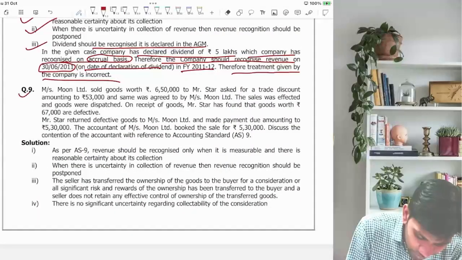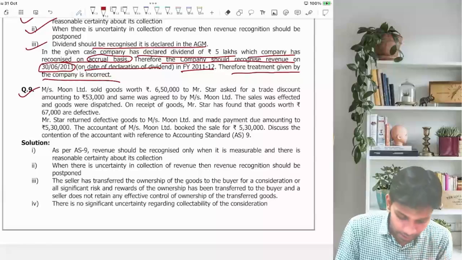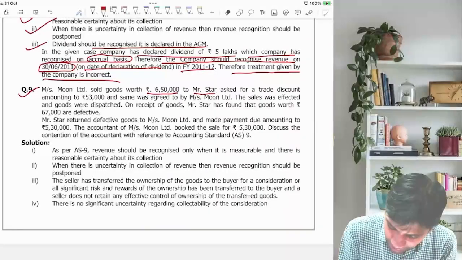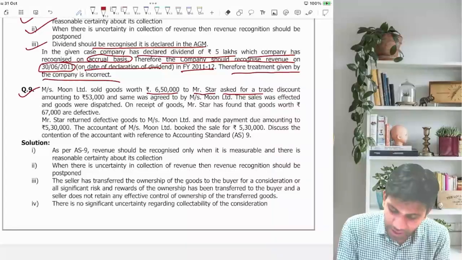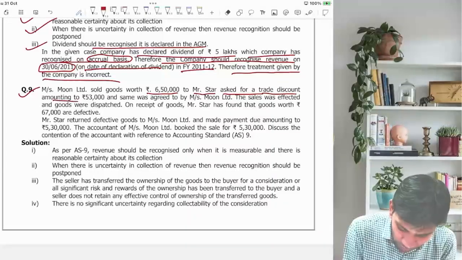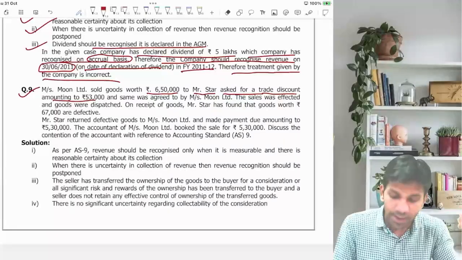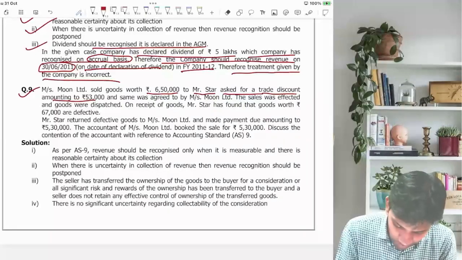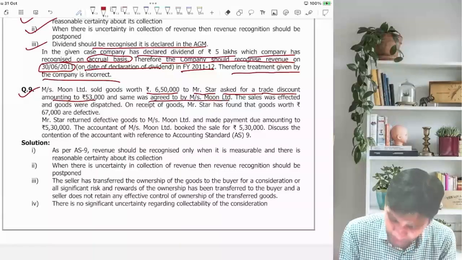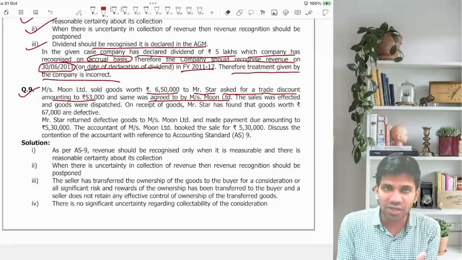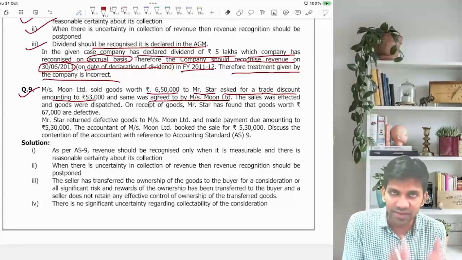Okay guys, let's start with question number 9. Messrs. Moon Limited sold goods worth 6,50,000 to Mr. Star. Mr. Star asked for a trade discount amounting to 53,000, and the same was agreed by Moon Limited. So 650 is the gross amount of the sales, less trade discount 53, so it comes to 597.